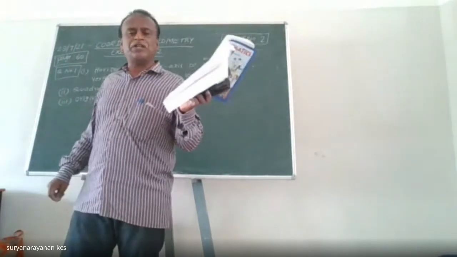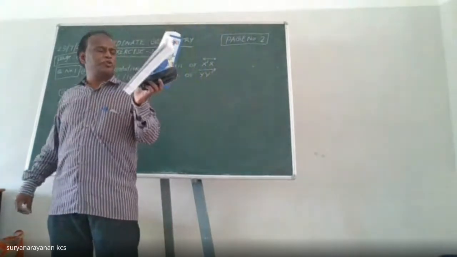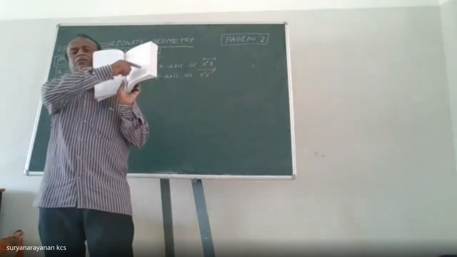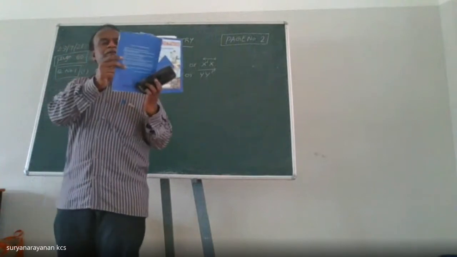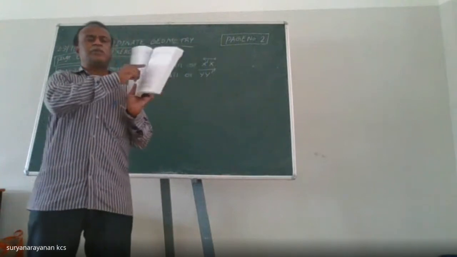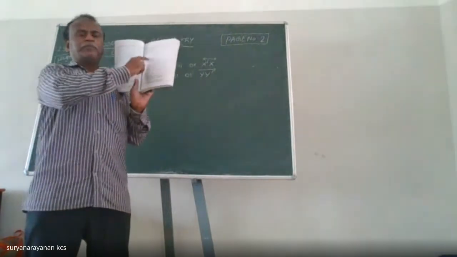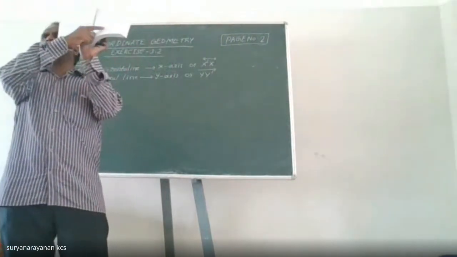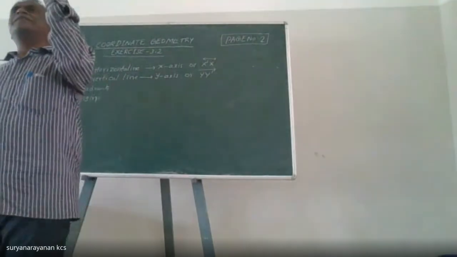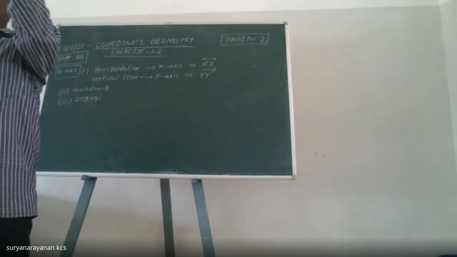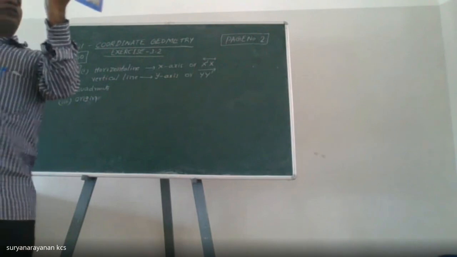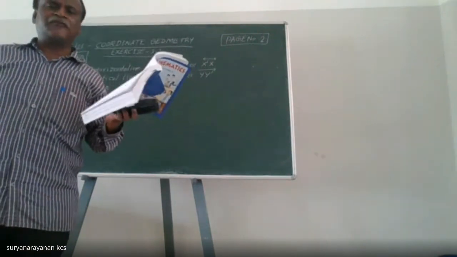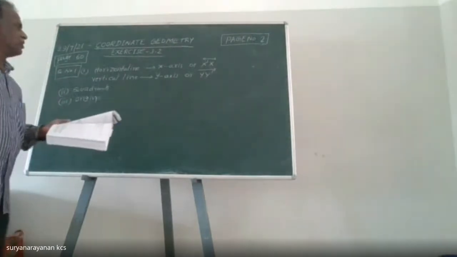Now come to question number 2. Here a picture is given. Observe this picture on the next page, page number 61. Based on this figure on page number 61, you have to write the coordinates of every point.